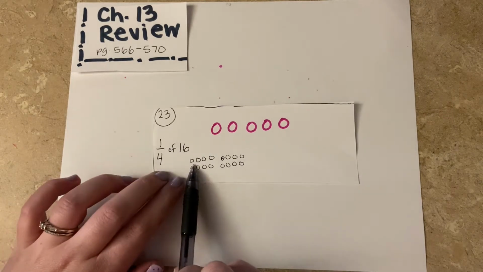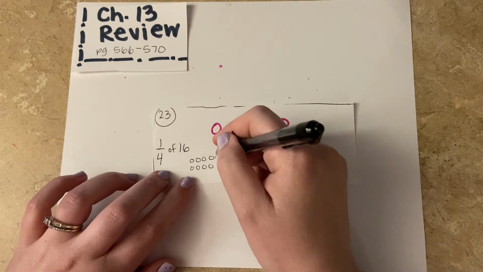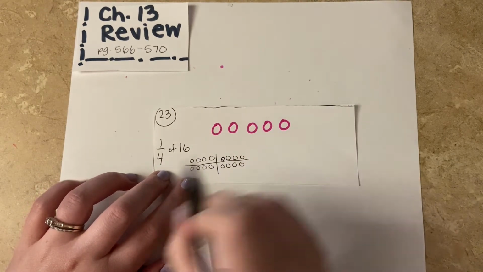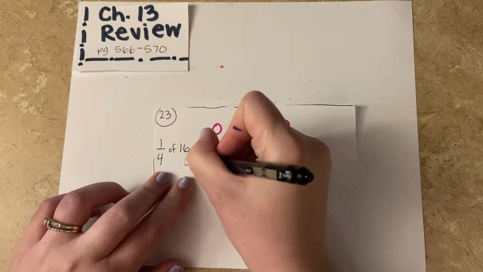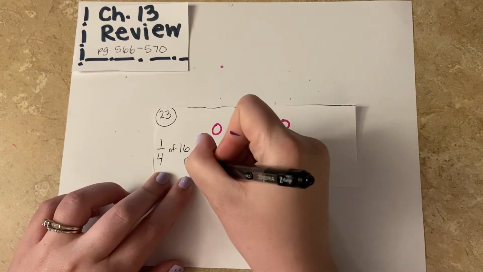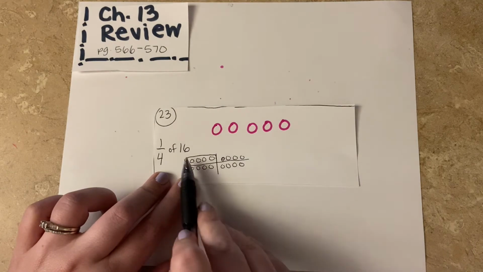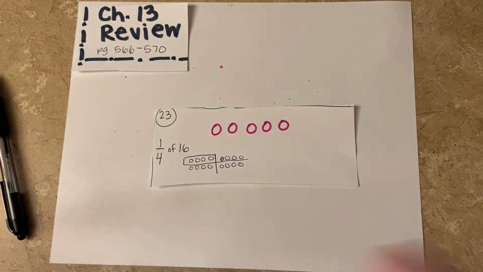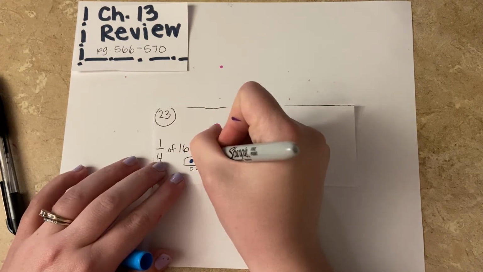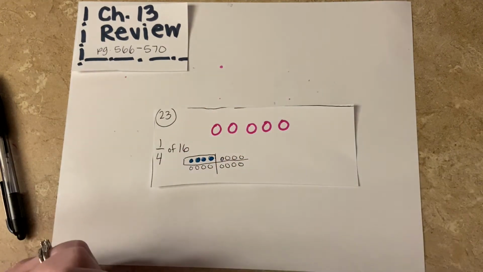So I've got 16 marbles here, and I'm going to break them into 4 equal groups. So that means that 1/4 is going to be one of these sections. So that tells me that 1, 2, 3, 4 marbles in her collection are blue.